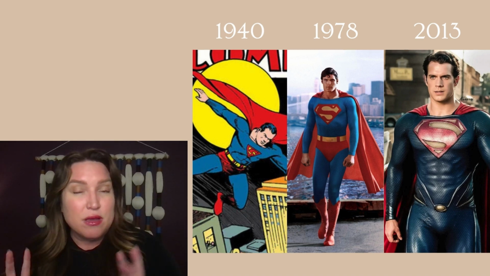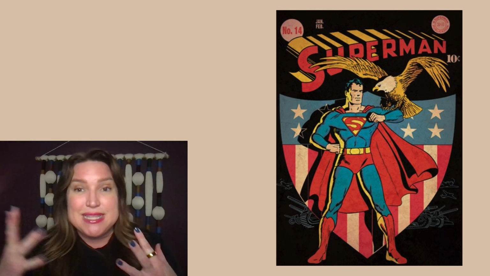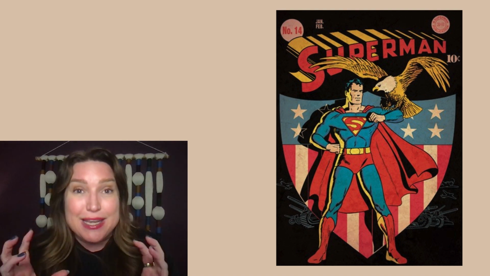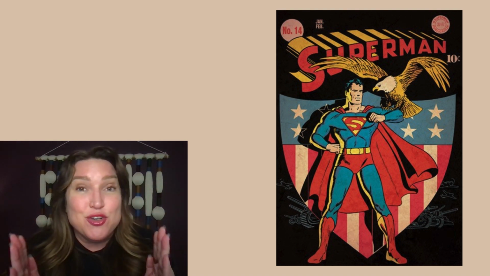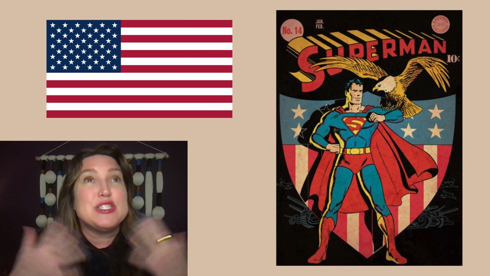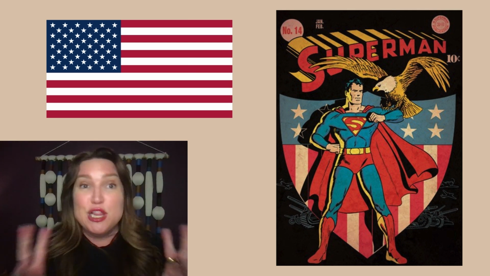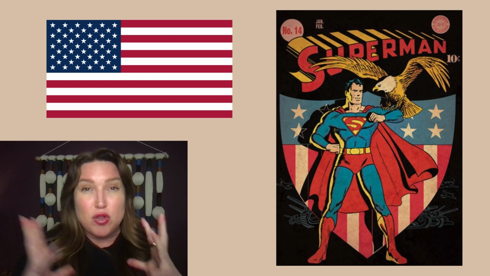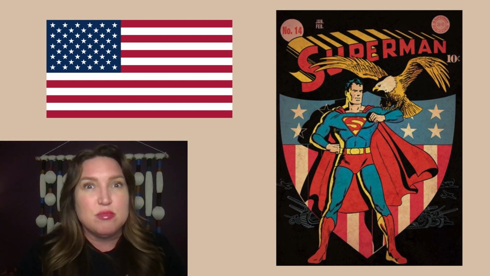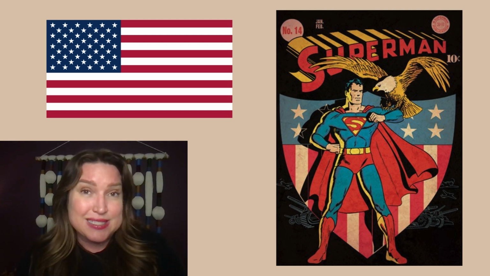Now, let's take a look at this Superman comic book cover where we see this eagle landing on Superman's arm. I want to point this out to you because this is how you can understand that iconography is culturally specific. We see this bald eagle landing on Superman's arm, and the eagle in the United States of America has this symbolism that we associate with freedom, liberty, strength, and power. It's a very strong symbol of freedom and power in the United States.